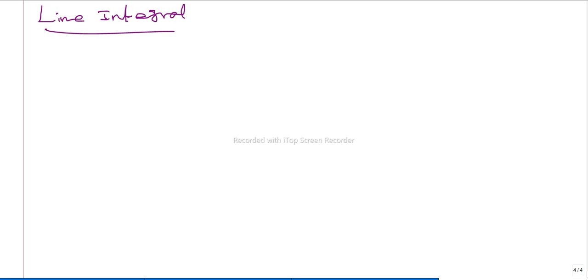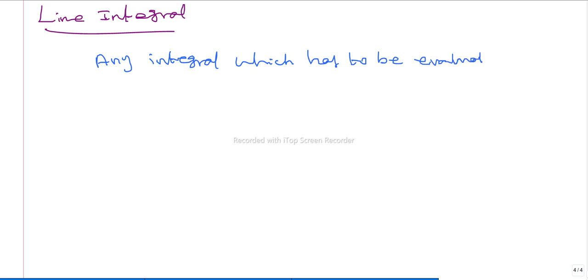The definition of a line integral is: any integral which has to be evaluated along a curve is called a line integral.